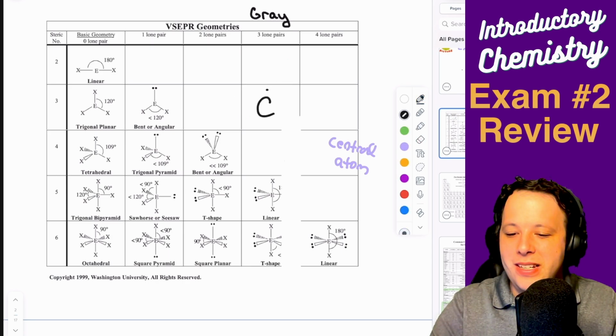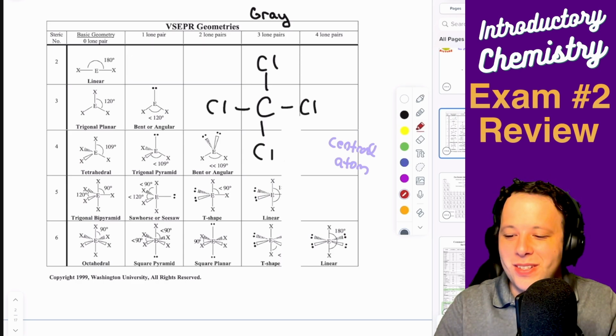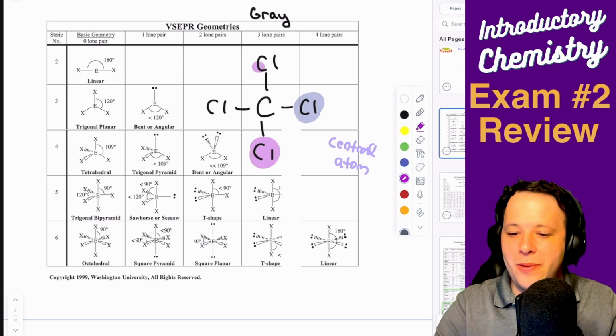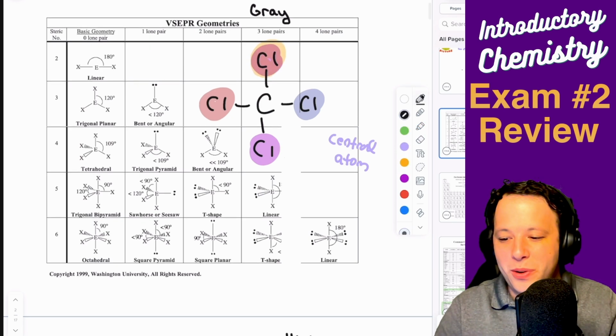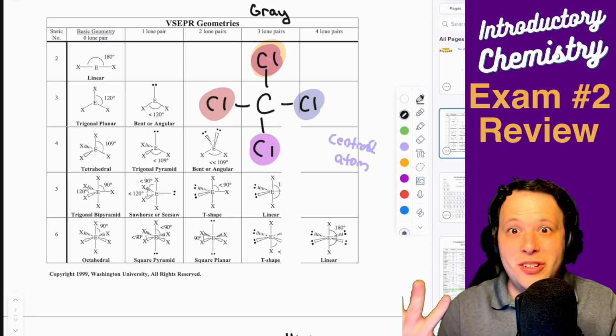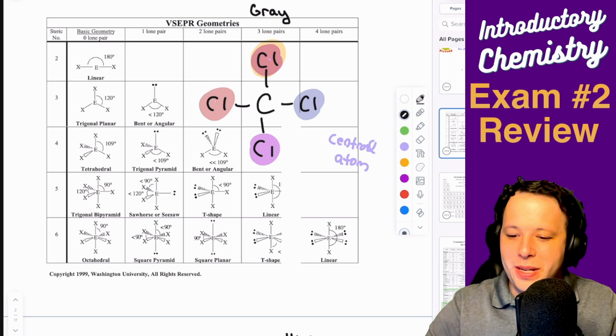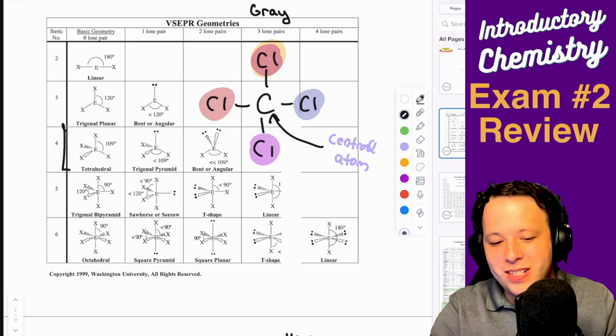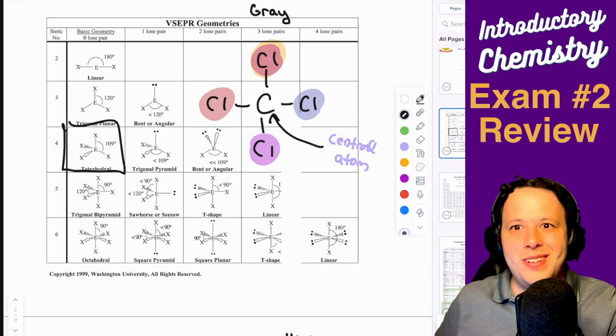So we have C going to chlorine, chlorine, chlorine, chlorine, being that carbon can make 4 bonds. We'll see that it has 1, 2, 3, 4 groups all around it. Being that we have those 4 different groups, it's going to be 4 groups, no lone pairs, since our central atom is carbon. So once again, we are going to have tetrahedral.